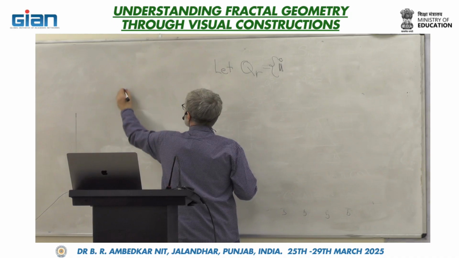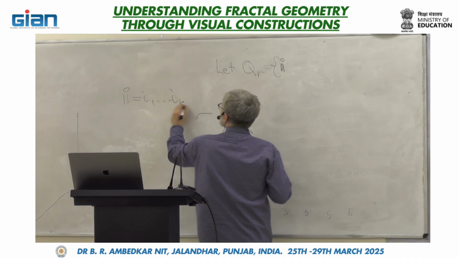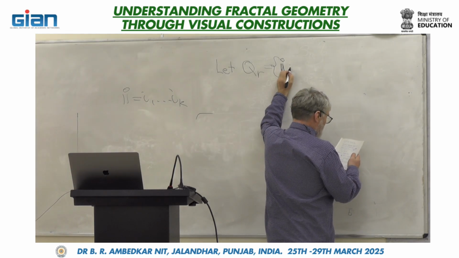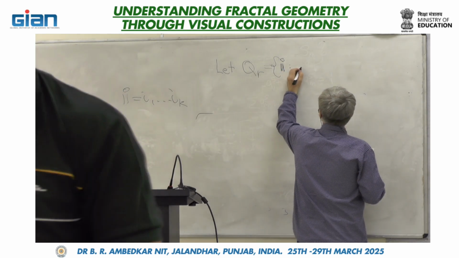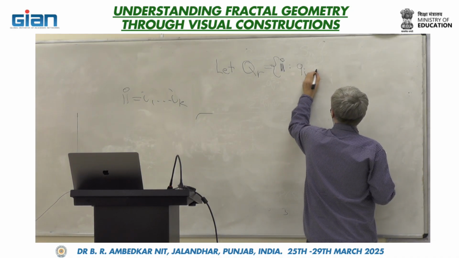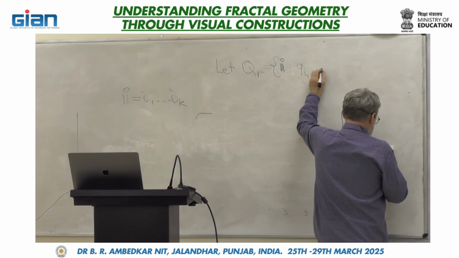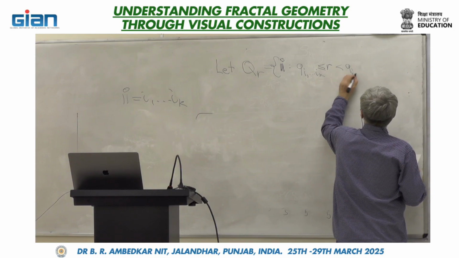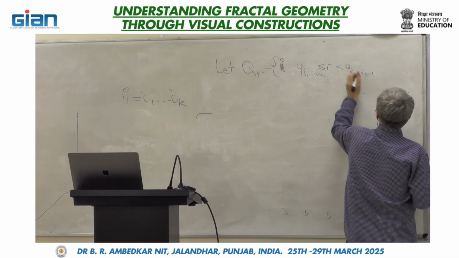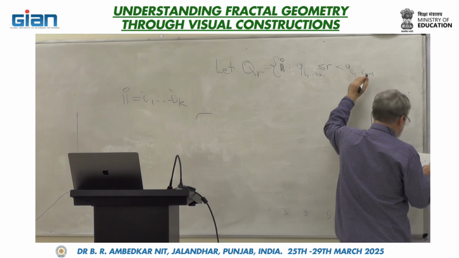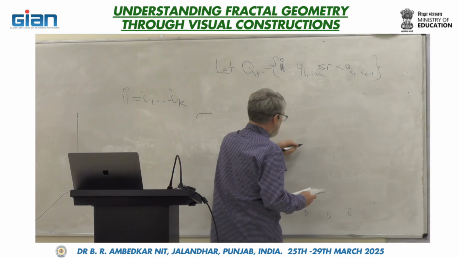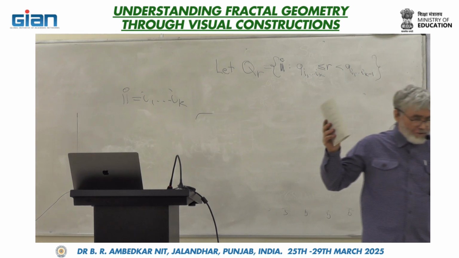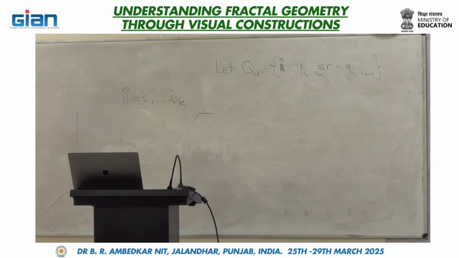So each multi-index is I1, ..., Ik for some k, and they are formed in such a way that Qi1...Ik is less than or equal to R, and Qi1...Ik-1 is greater than R. So we can think that the diameter of K is 1, so as not to make our computations more complex.